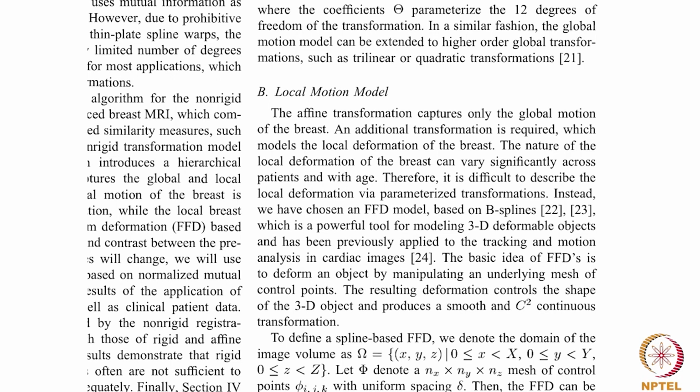Instead of estimating the displacement field of every pixel, which is typically done in Demons, here they do it for a set of control points. These are B-spline control points, and then they are used to extrapolate or interpolate the deformations to the rest of the pixels.